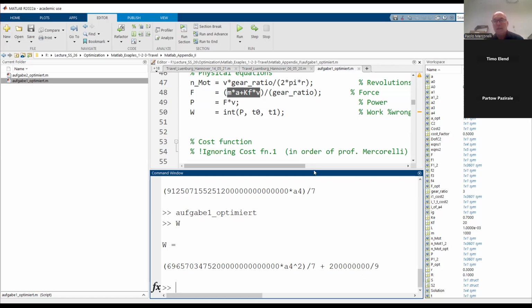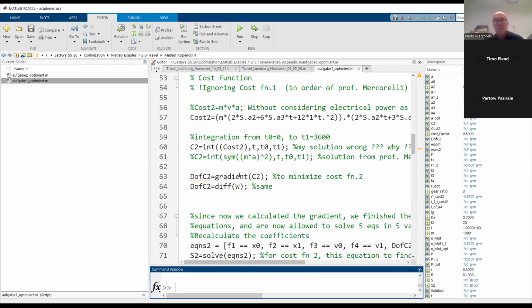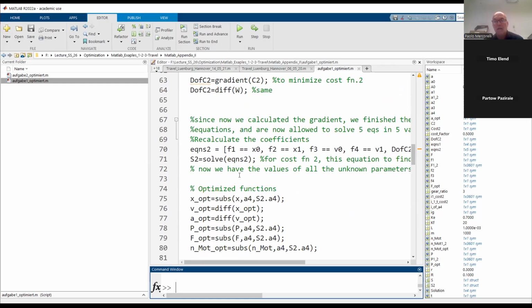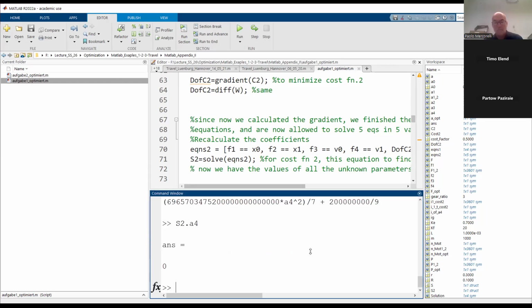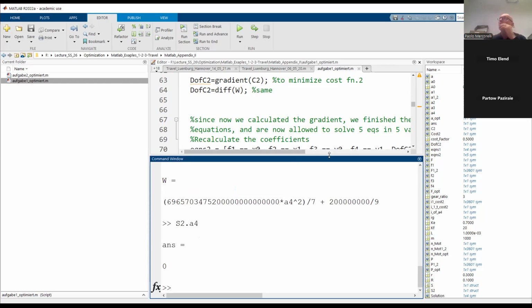Let me see. Probably I didn't run it. I don't know what happens. Let me look. Both have the same solution, A4 equals 0, in this particular case.